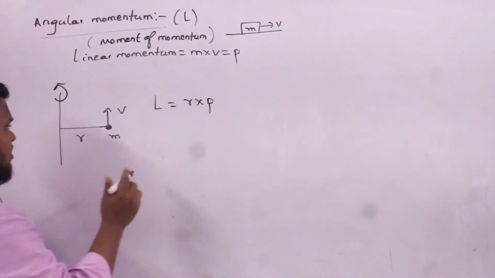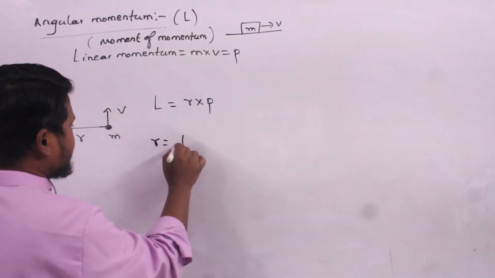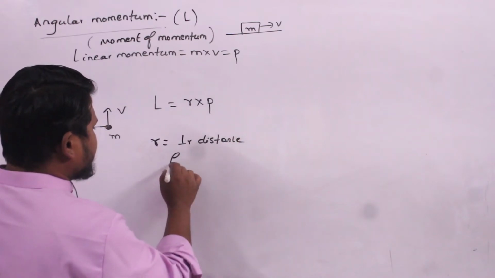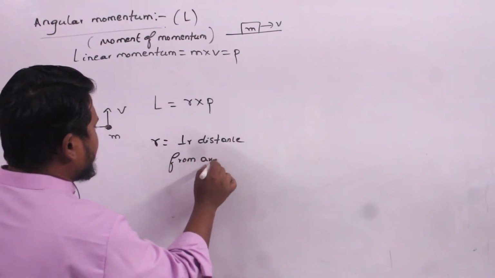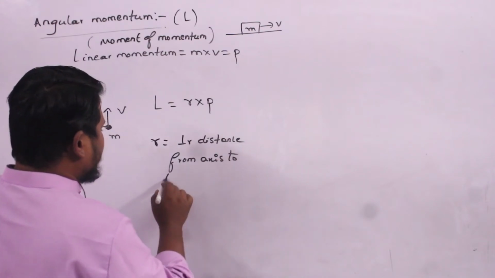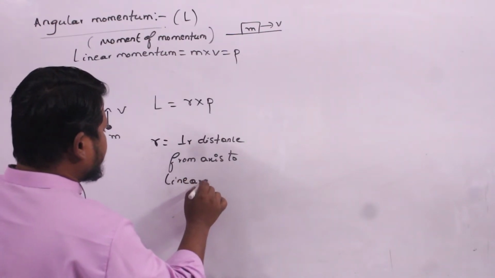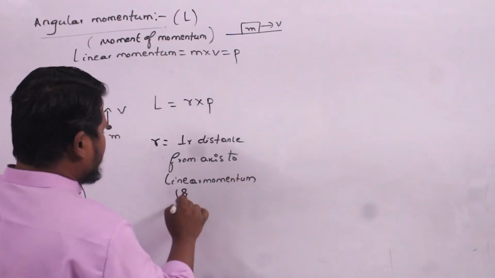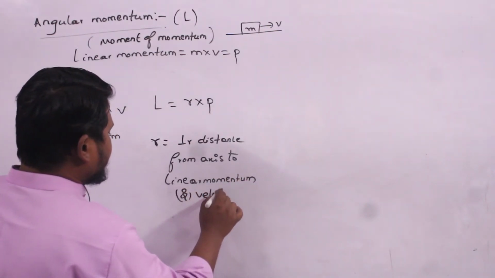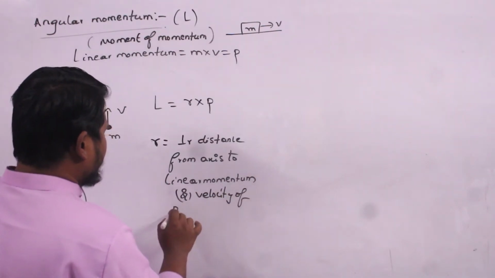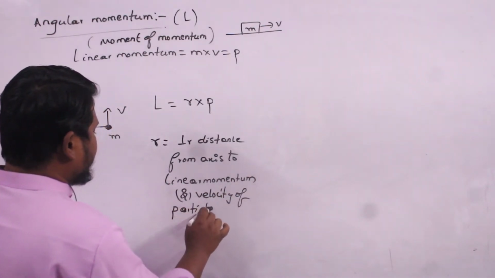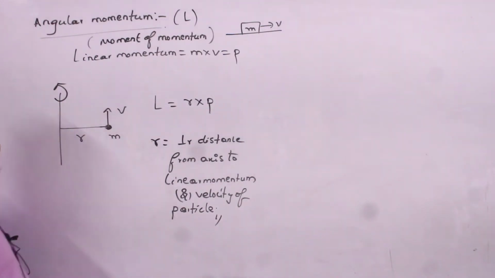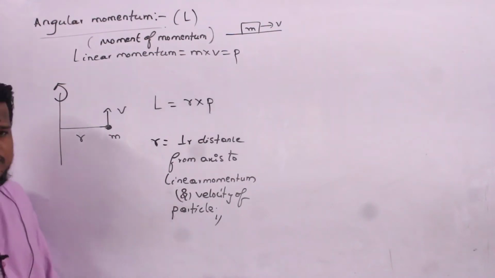Okay? So therefore I can write, what is R here? R is the perpendicular distance from the axis to the linear momentum, or you can say the velocity of the particle. So which distance should you take? The distance perpendicular to the velocity. In torque also we did the same thing, no?